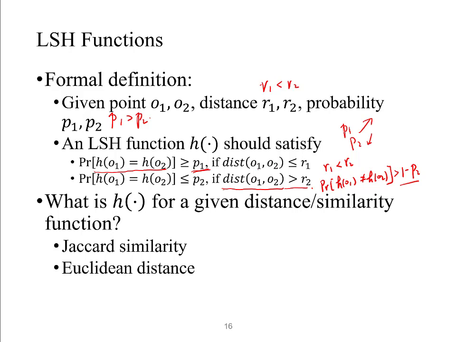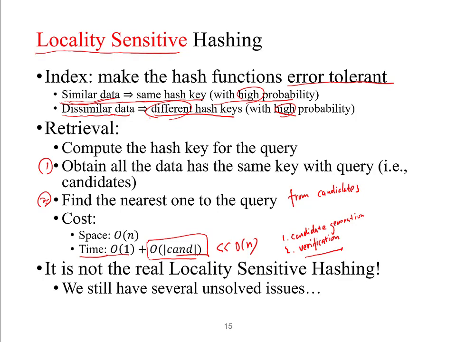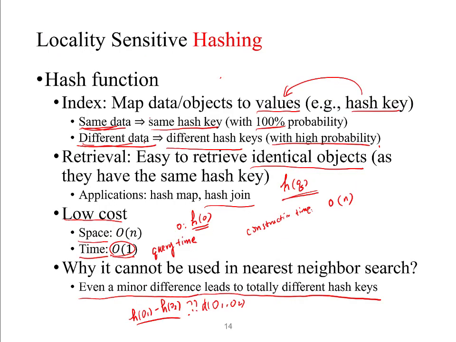Now, this is all we need. You don't really need to memorize this formulation or definition. You just try to understand it from the very beginning of the original hash function.